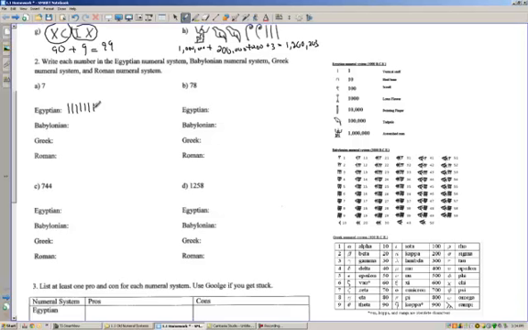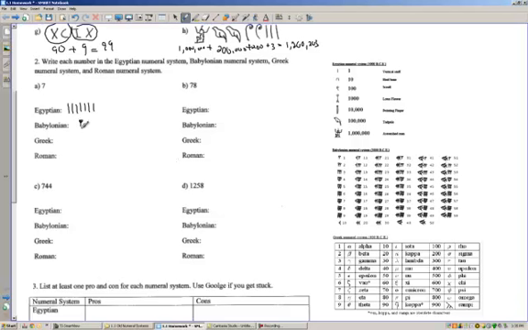So you can see one of the inefficiencies in the Egyptian numeral system. If you want to represent 9 things, you have to draw 9 vertical staffs. For the Babylonian numeral system, this should be relatively easy. We look down here, and 7 is represented by, again, 7 vertical staffs. So we draw them like this.